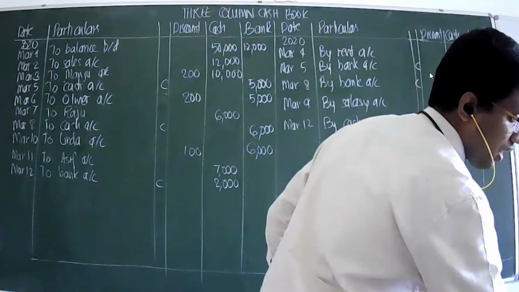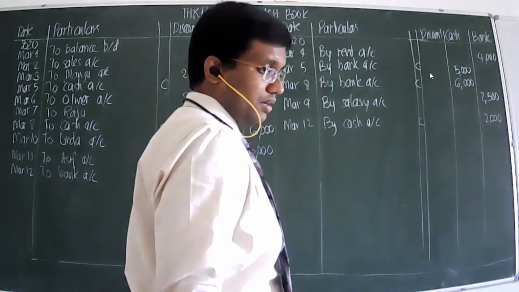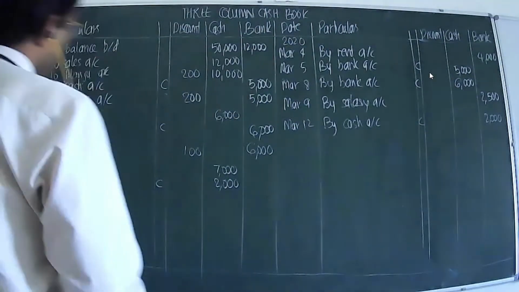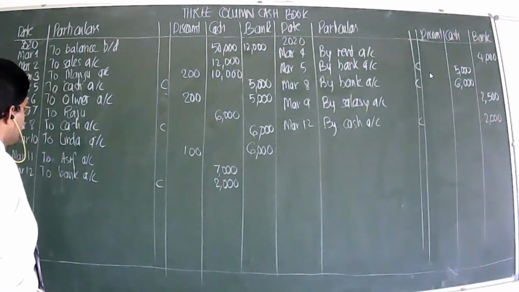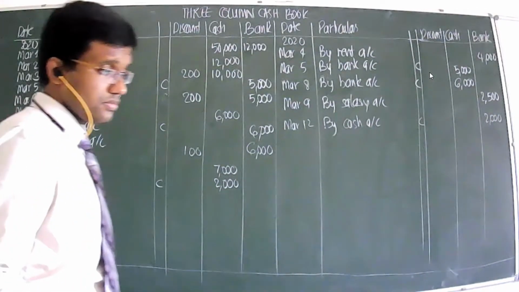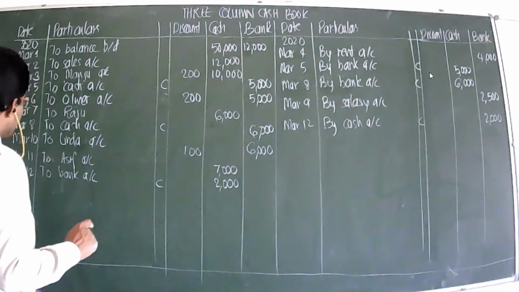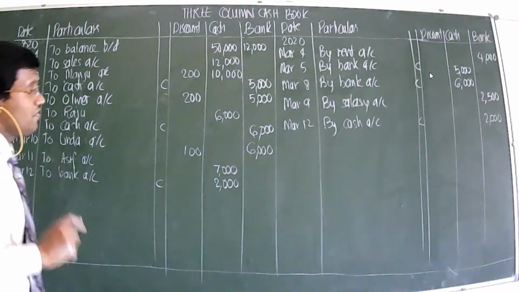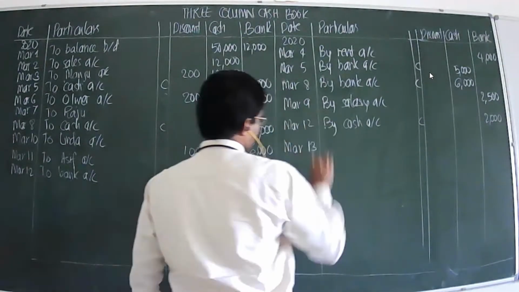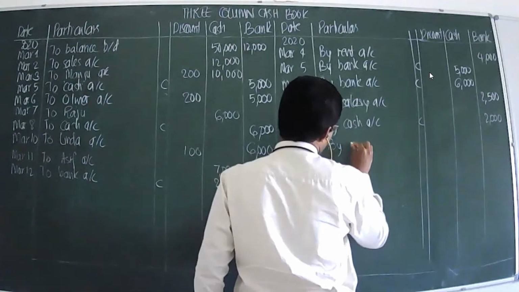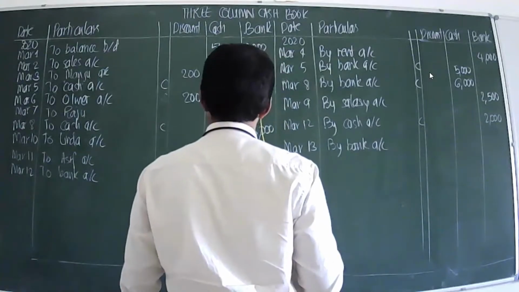Now let's look at the last transaction, the transaction on March 13th. Okay. So March 13th, what we are doing is we are taking Asif's check and we are depositing into the bank. So March 13th, okay, so by bank account, amount is 7,000.